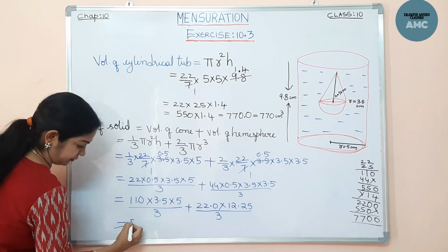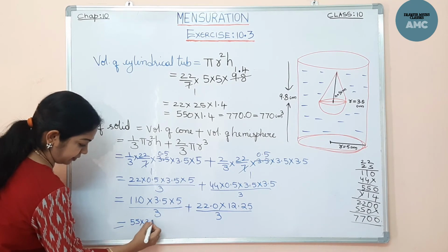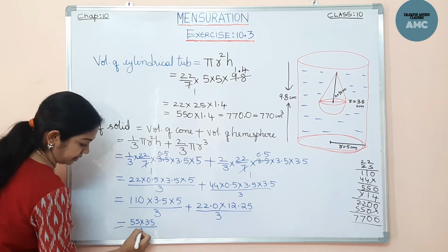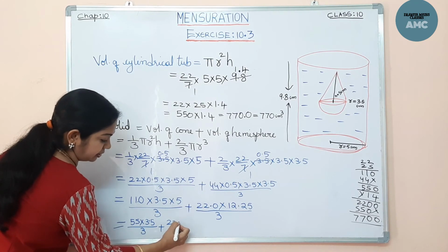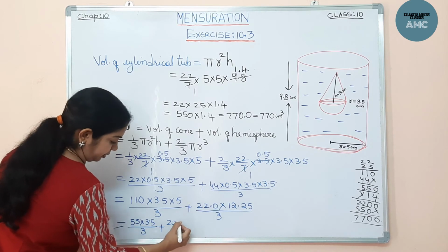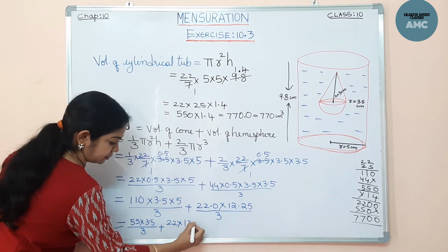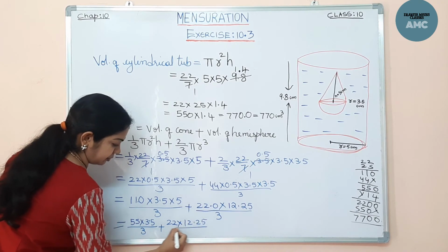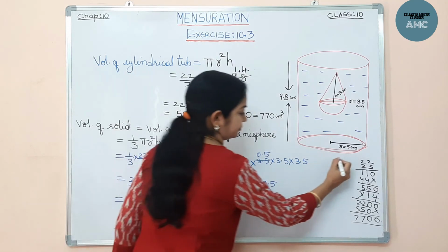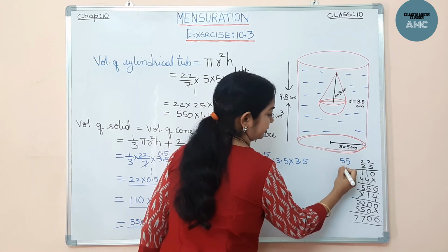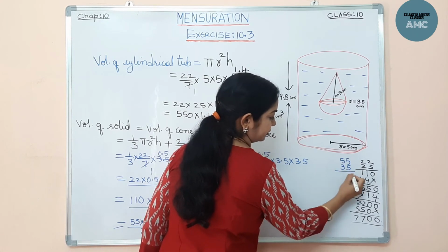11 into 5, 55 into 3.5 by 3 plus 22, eliminate the 0 here, into 12.25 by 3. Okay, we'll do this in this rough part. 55 into 35.